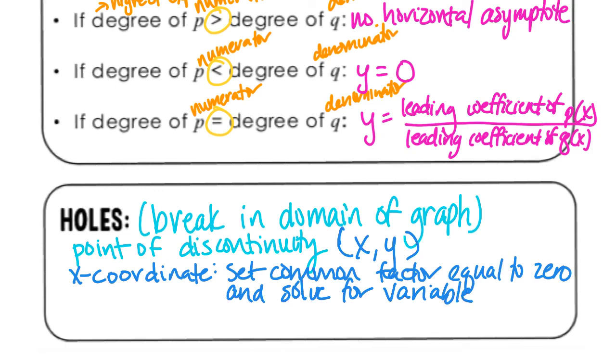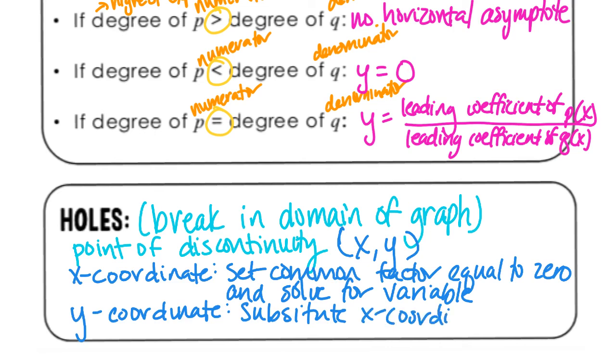And then once you find the x, you can use what you found with the x to find the y coordinate. So you substitute the x coordinate into the simplified function. And I know that this seems really confusing right now, but once we do a couple of examples, it will make a lot more sense.